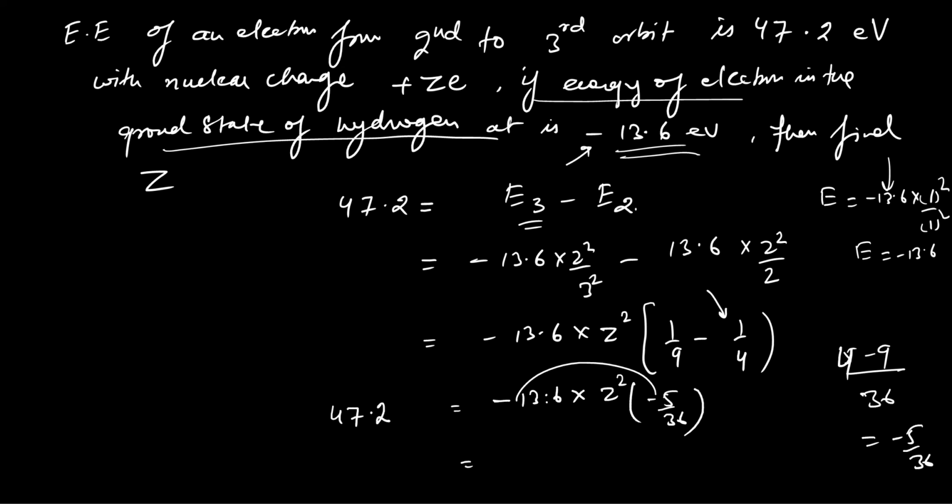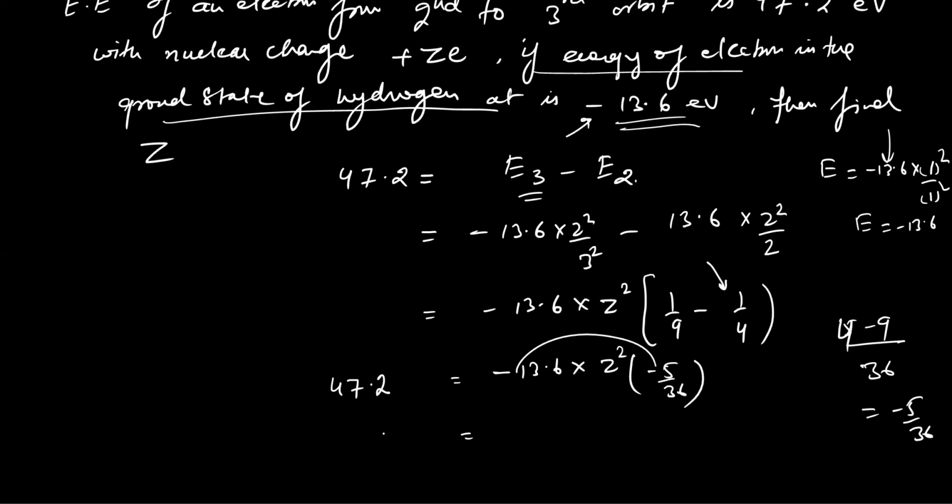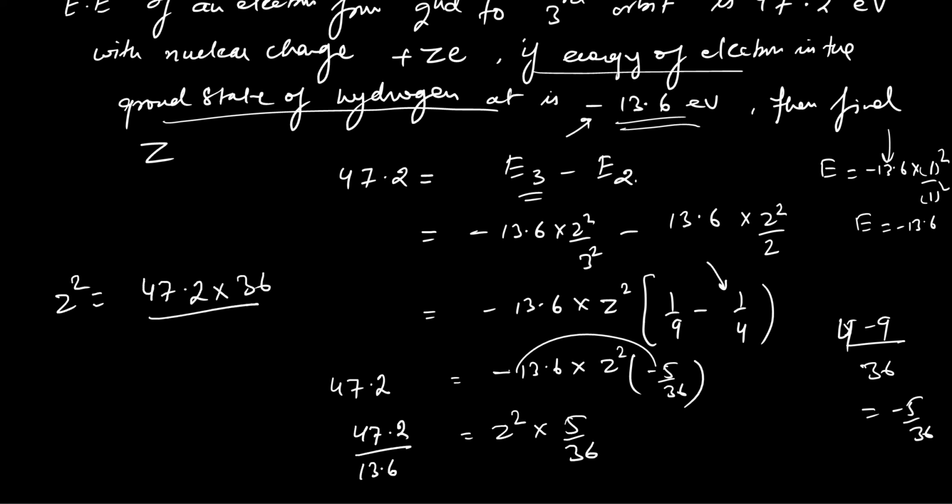So 13.6 comes down, and Z square is equal to 47.2 into 36 upon 5 into 13.6. Got it?